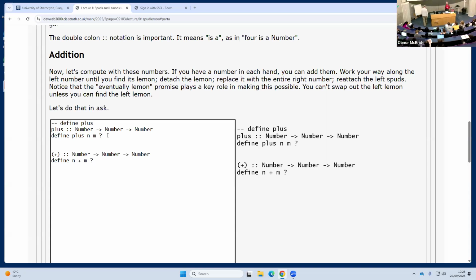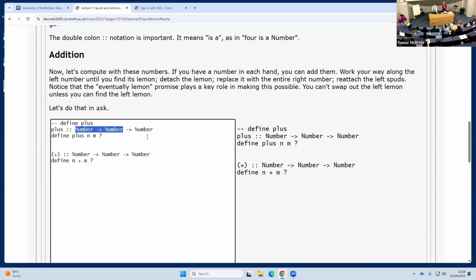See that double colon? You can read that as saying "is a." So earlier we said 4 is a number. And now we're saying plus is a function that takes two numbers in and gives one number out.